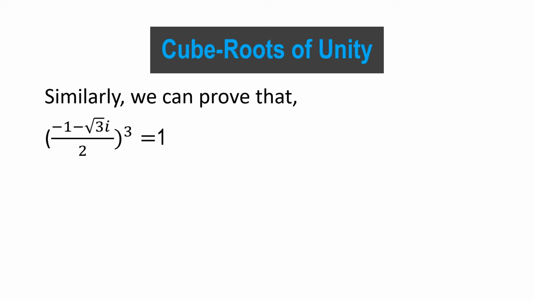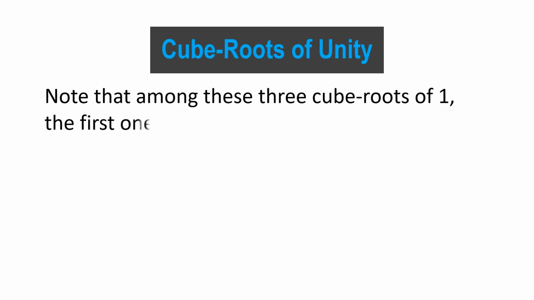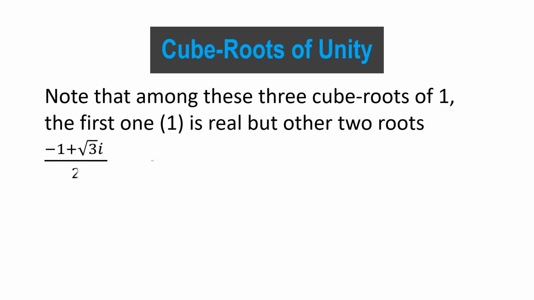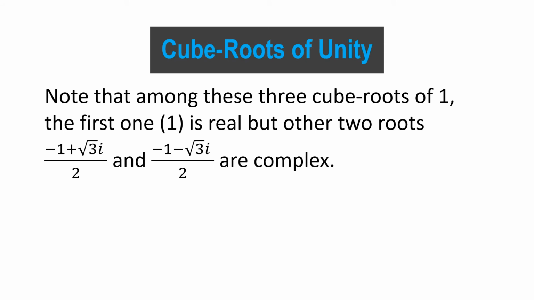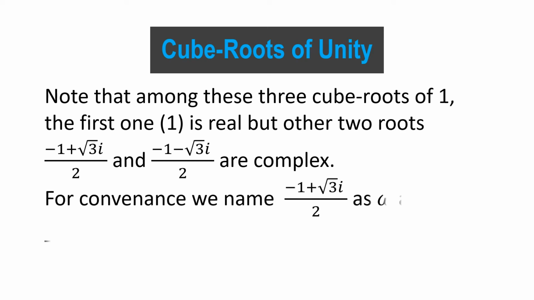Similarly, we can prove that cube of negative 1 minus square root of 3 iota whole divided by 2 is equal to 1. Note that among these three cube roots of 1, the first one, 1, is real, but the other two roots, minus 1 plus square root of 3 iota whole divided by 2 and minus 1 minus square root of 3 iota whole divided by 2, are complex.